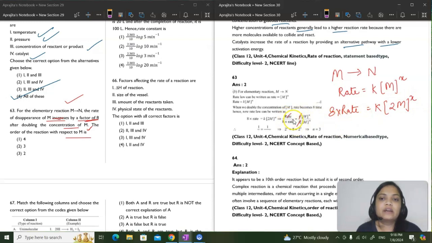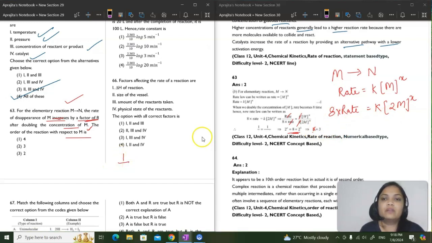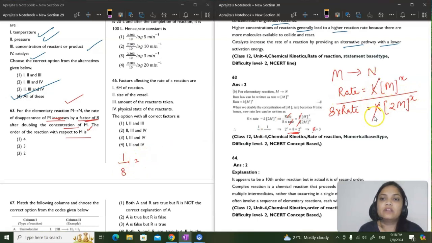Now you can just divide these two values, and from here the value of X will come out to be 3. Okay, so I can solve that for you. If you divide it, it will be 1 upon 8. K and K will cancel out.